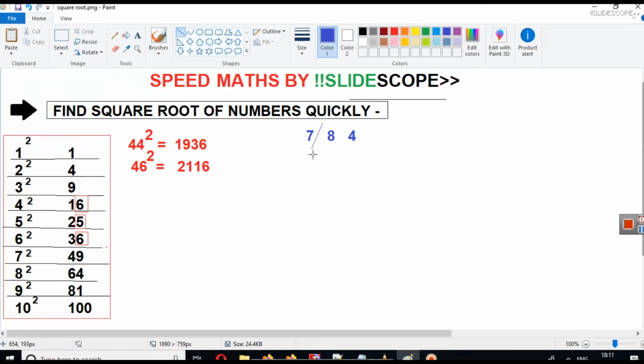You have to divide this number in such a way that we have one digit here and two digits here. We will see more examples, so you will get familiar with how to divide these numbers. If it's a 3-digit number, you take one digit here and two digits here.